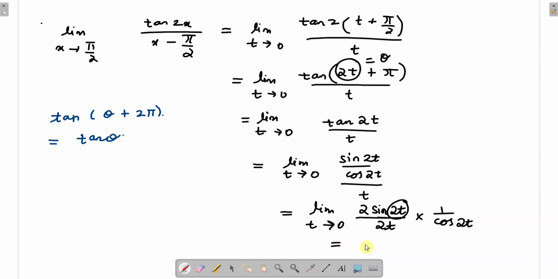So this will be equal to 2 will be out here, this is a constant, right? So limit t goes to 0, sin 2t divided by 2t and multiplied by limit t tends to 0, 1 divided by cos 2t. Okay, let us write it properly, 1 divided by cos 2t. So what you will get here?